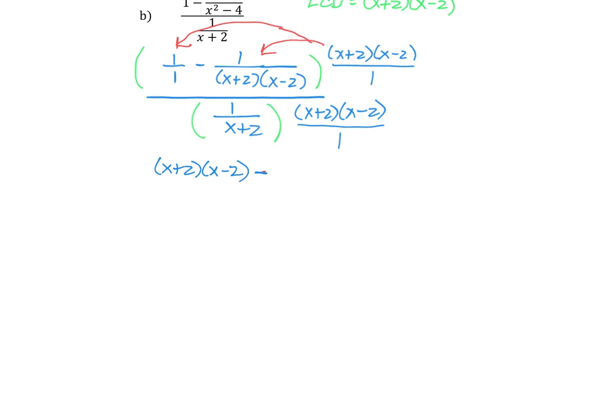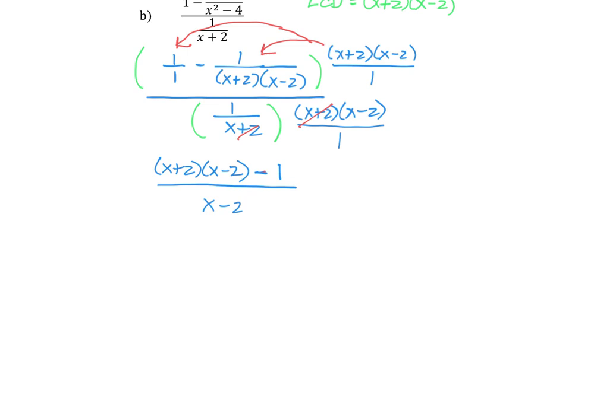Everything cancels, and I just get 1. Multiplying in the denominator, I can see that the x plus 2 cancels, and I just have x minus 2 over 1, which is x minus 2.